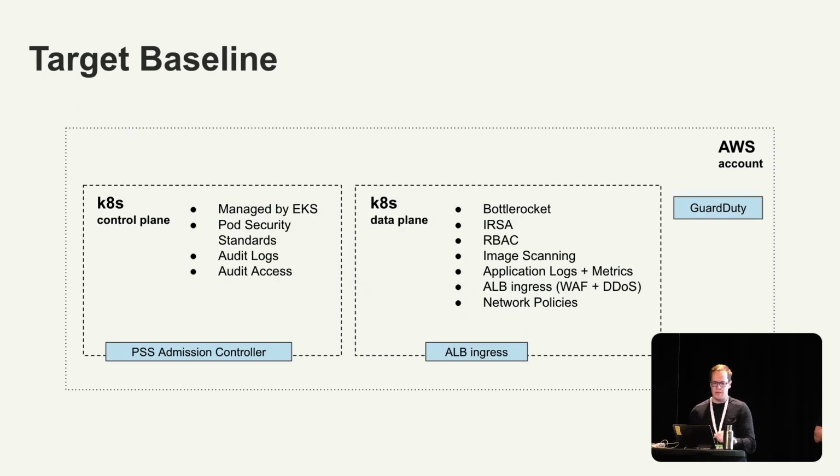So this is our target baseline. We say target because we are still working on it, and baseline because we expect some teams to go beyond this. For instance, there are already teams that do egress filtering as well as RASP type tooling.